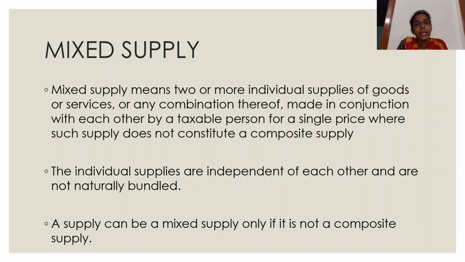In mixed supply, each of the components can be sold individually. It is independent of each other. The individual supplies are independent of each other and are not naturally bundled. A supply can be a mixed supply only if it is not a composite supply.